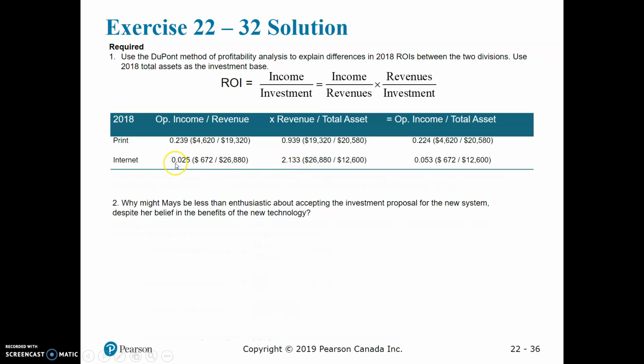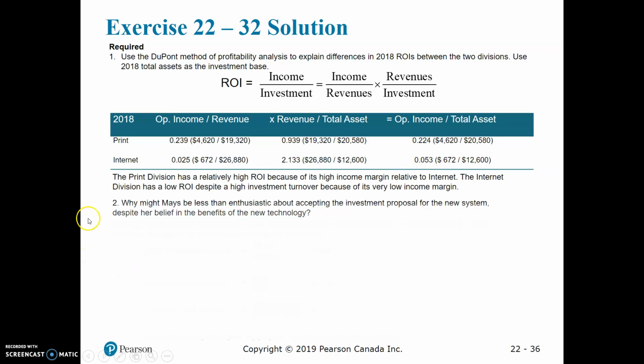When we multiply 0.025 by 2.133, we arrive at the ROI of 0.053 for the internet division. We can validate this by taking the operating income of $672 divided by the total assets of $12,600. Again, we come to the same number, 0.053.